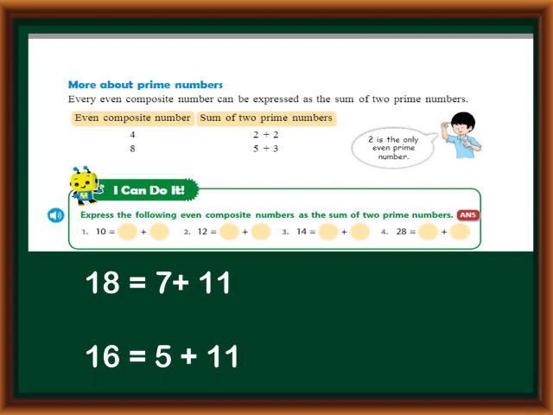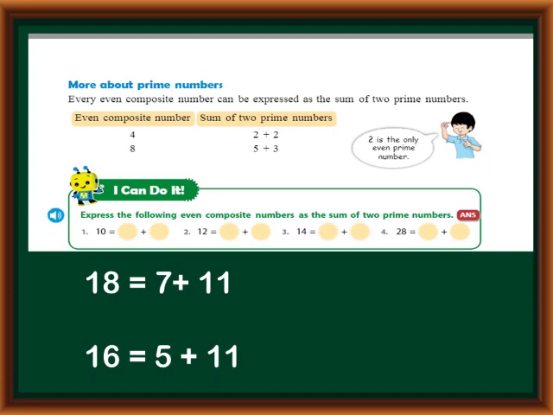Okay, I have given a few sums here. Express the following even composite numbers as the sum of two prime numbers. So 10 is equal to, how do you express it as a sum of prime numbers? 10 can be expressed as 3 plus 7 is equal to 10. The same way you find out for the other three sums also. Take the number 18.